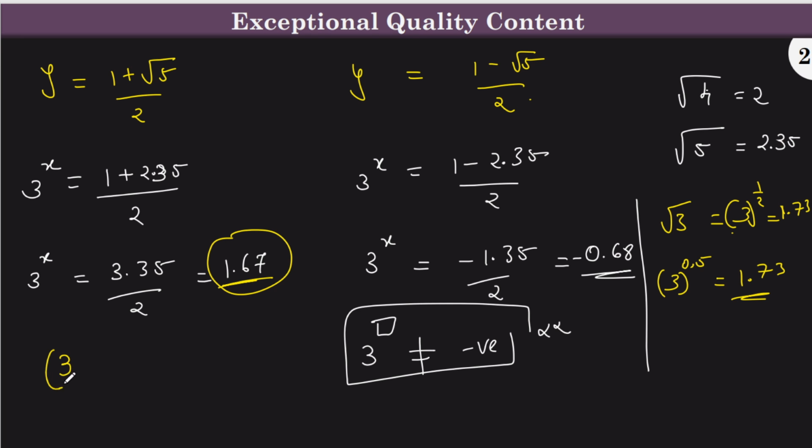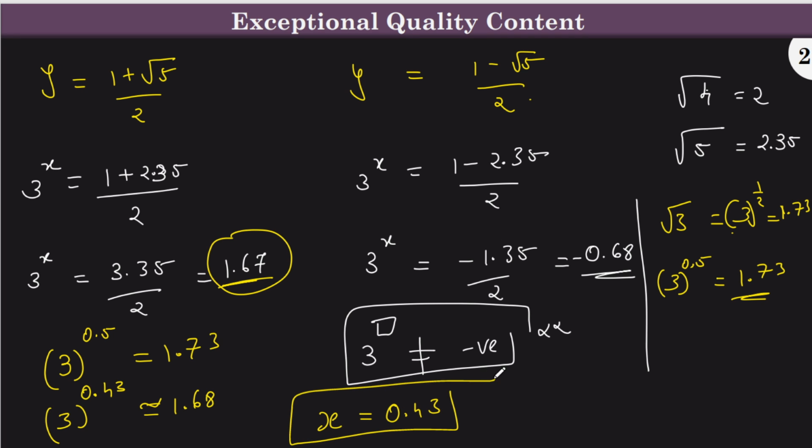So approximately, if I put 3 raised to 0.5, I am getting 1.73, so that means approximately 0.43 or 0.44 will give me 1.68. So what can be the approximate value of x? 0.43 or 0.44 is the final answer.